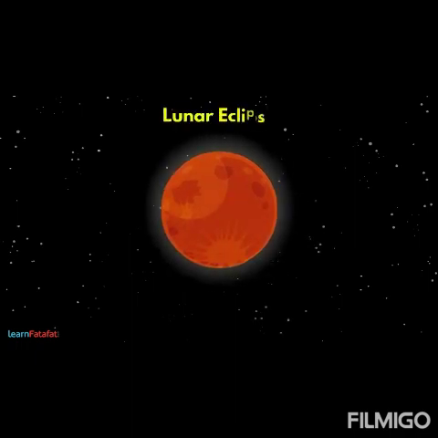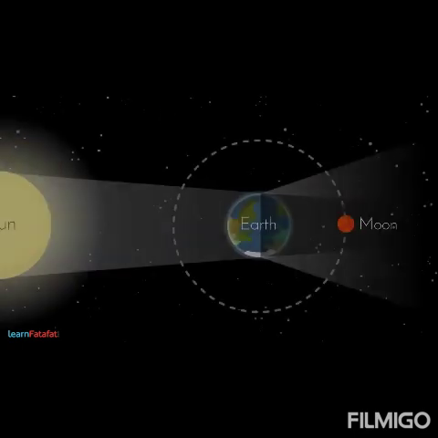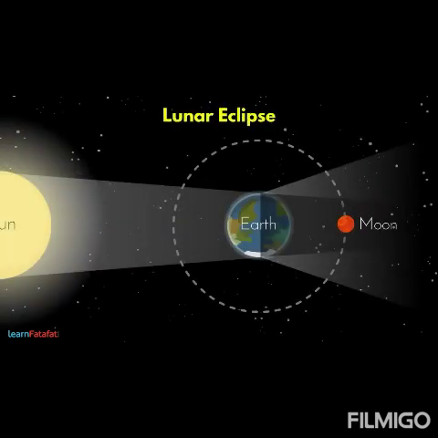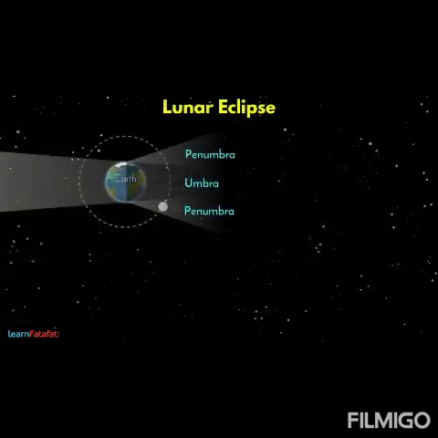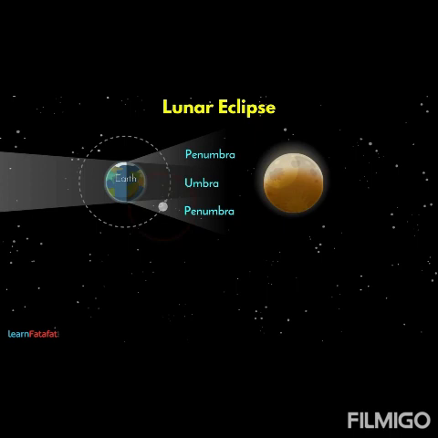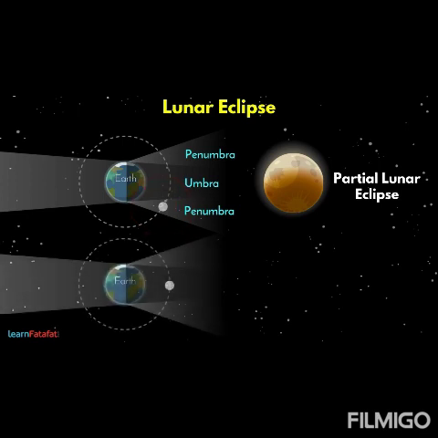As we can see on the screen, a shadow of the earth is cast on the moon. So when the moon is traveling in the lighter shade, that is the penumbra region, we experience partial lunar eclipse. And when it is passing through the darker region, that is the umbra region, we experience total lunar eclipse.